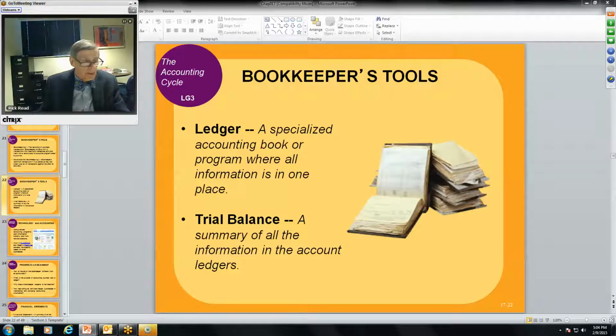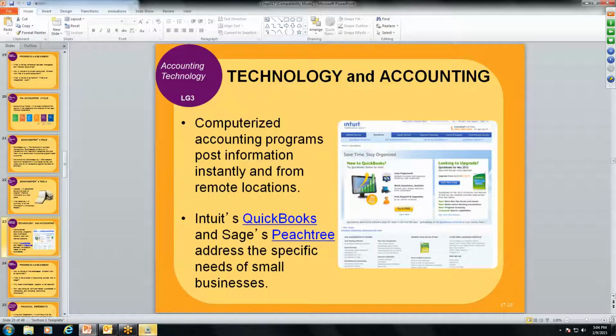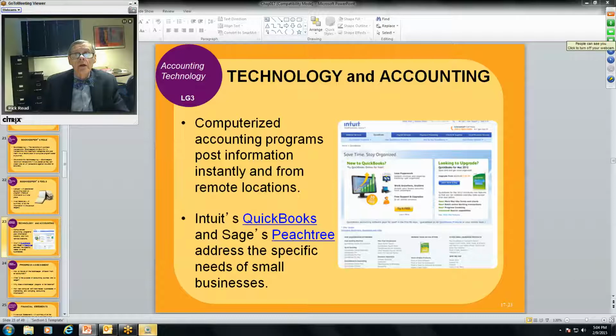Some is not done all along, depending upon the size of the company. And notice it says the ledgers are specialized accounting books, normally now done with a computer program. And here are some computer programs that are mentioned here, especially for small companies, QuickBooks and Peachtree. So it's a little bit better than doing stubby pencil.